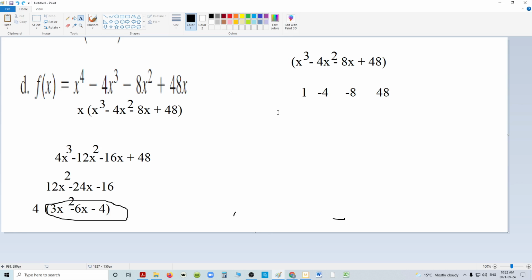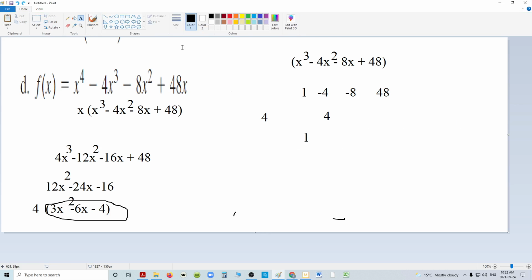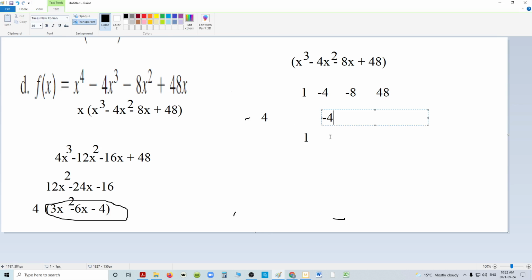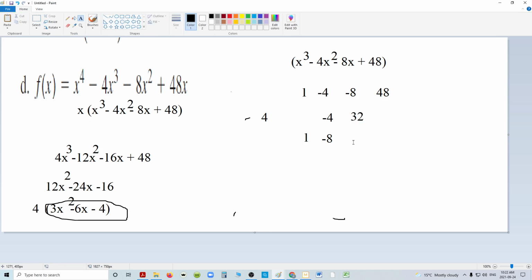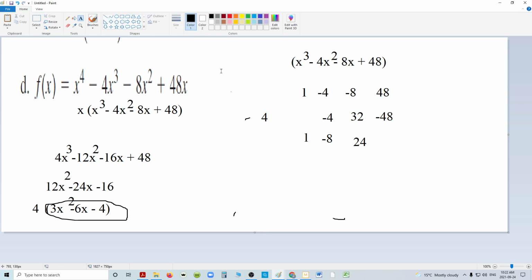I shouldn't have even tried 3 because it's not a factor of 48. Nope, but I am going to try minus 4. I think I got it here. So you discovered right away that minus 4 is a factor.